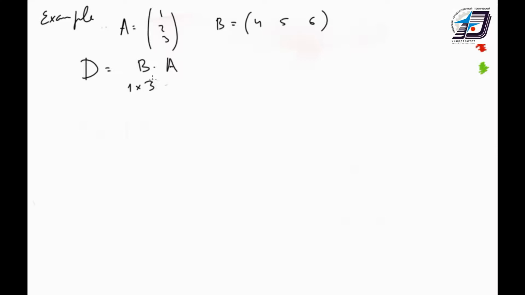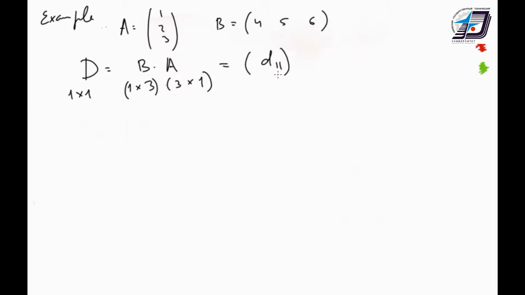If B has size 1 by 3 and A has 3 rows and 1 column, the result of this multiplication is a 1 by 1 matrix, so it's just one number here.